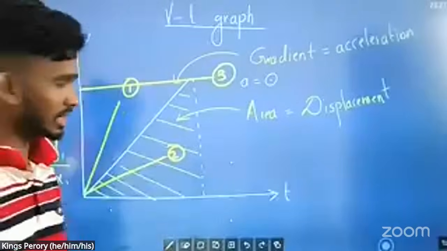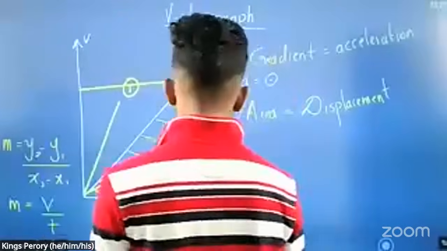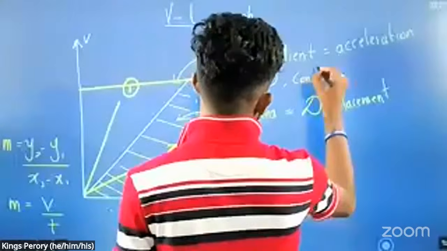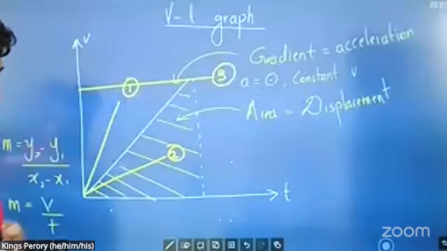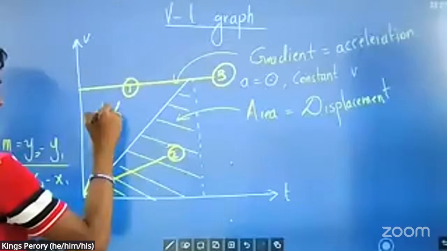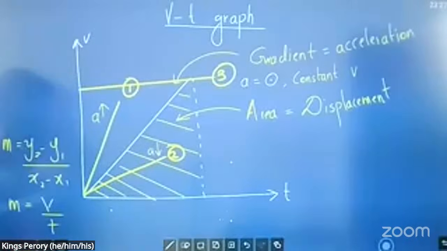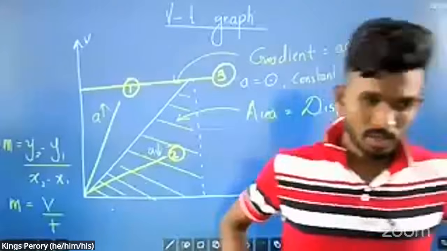Here acceleration 0 means constant velocity. Here gradient high, acceleration high. Here gradient low, acceleration low. Keep those points in mind. Okay? Understood?